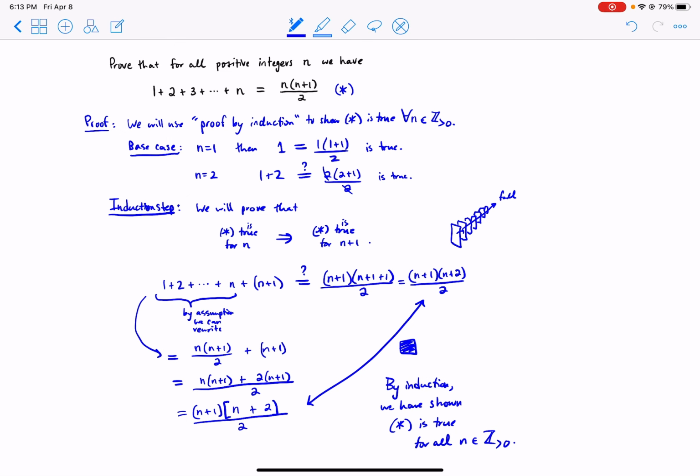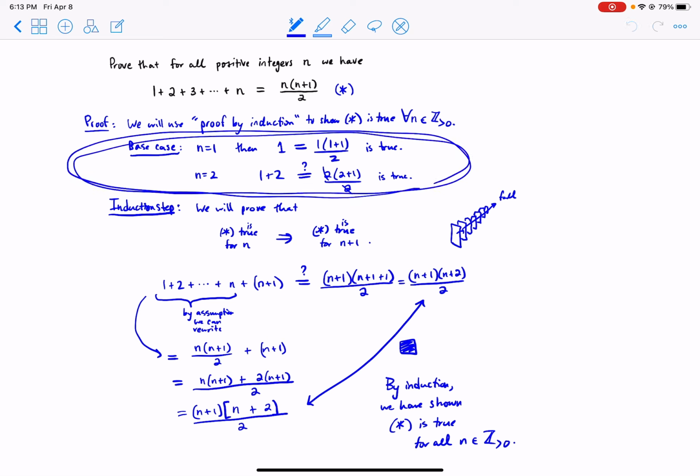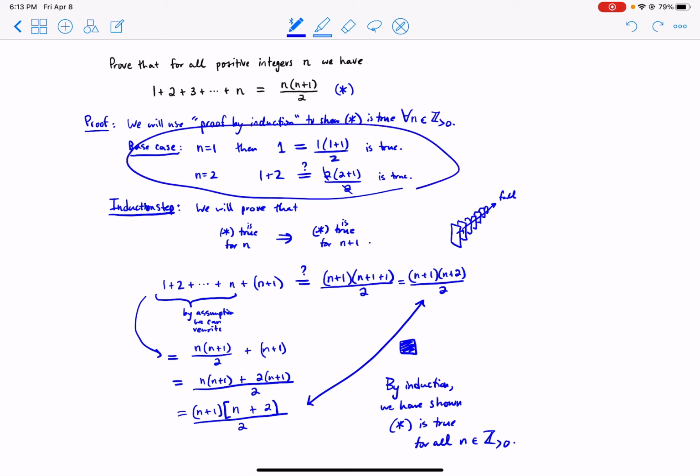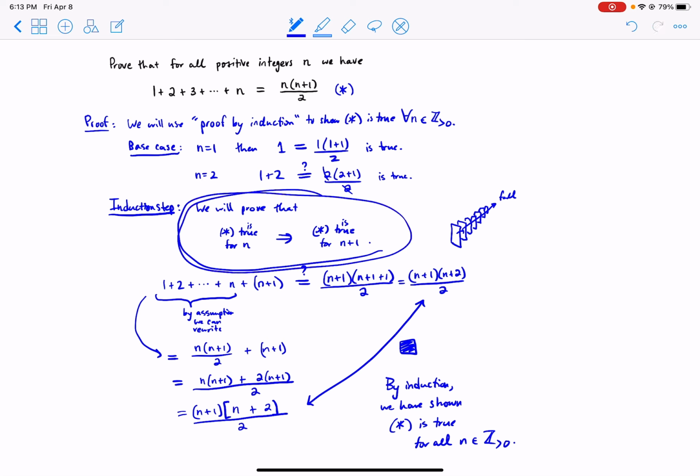Okay, so that's proof by induction. You have to show that it holds to begin with, in other words, that you can push down the first domino. And then if you can prove that a previous domino falling will then make the next domino fall, and you can prove that will always happen, well then you've shown that all the dominoes are going to fall.